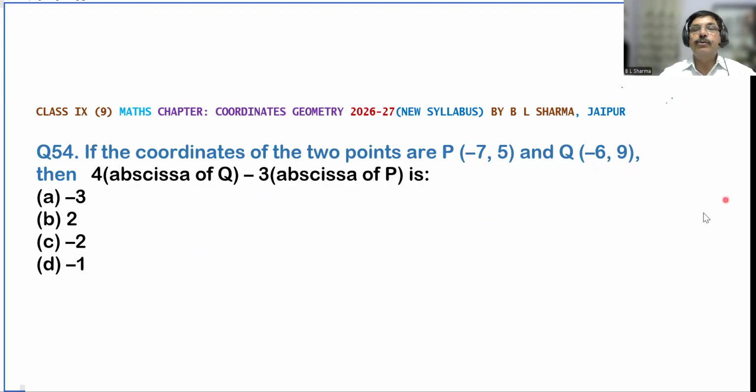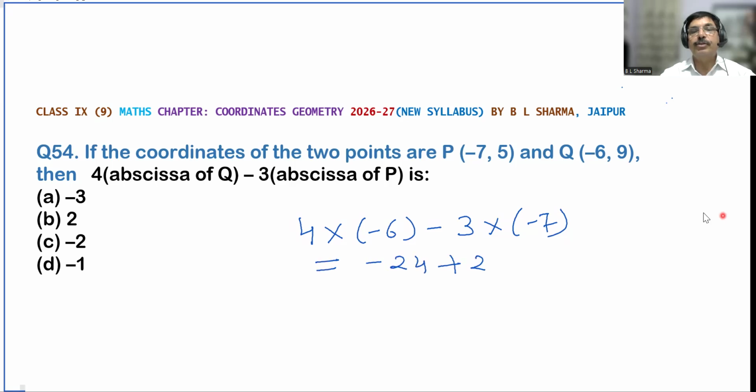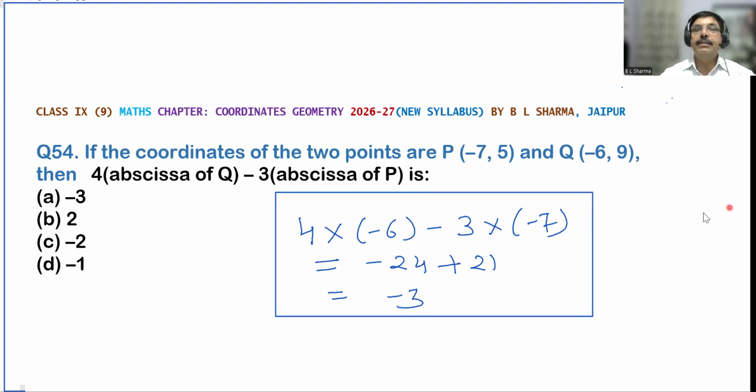So then what we have to do? 4 times of abscissa of Q, that is -6, minus 3 times of abscissa of P, that is -7. That is -24 plus 21, that is -3. So what is the answer? A is the correct option.